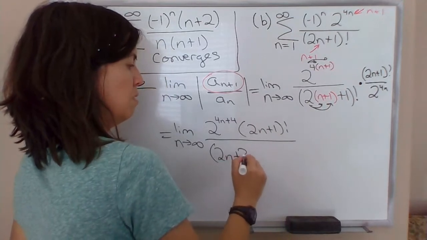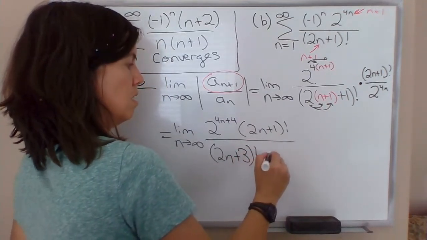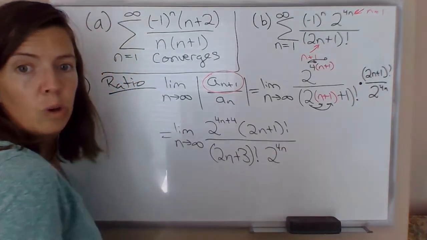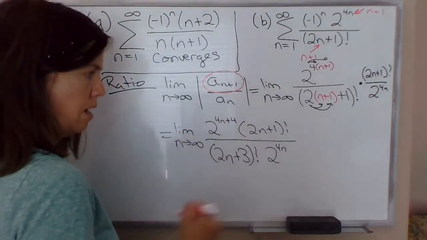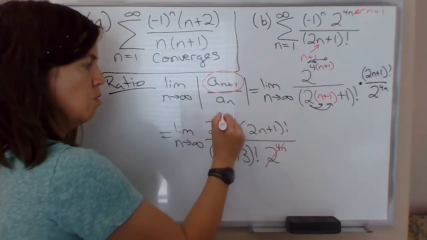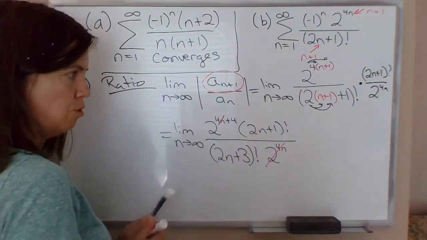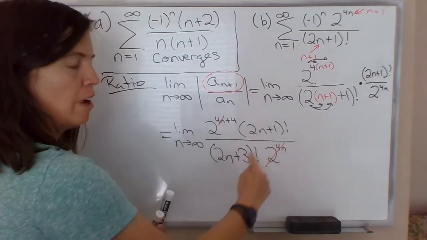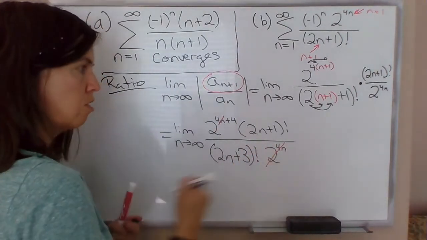So (2n plus 3) factorial, times 2 to the 4n. Now 2 to the 4n is a common factor, so I can cancel the 4n power here, and I'm left with 2 to the 4th. Now I also want to simplify the ratio of these two factorial expressions.